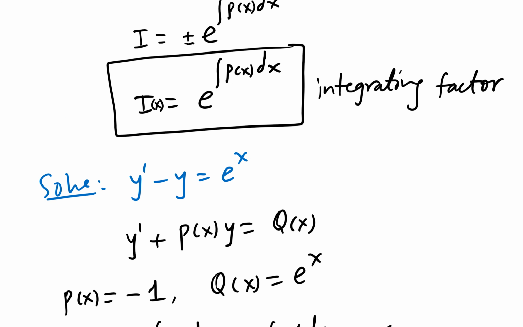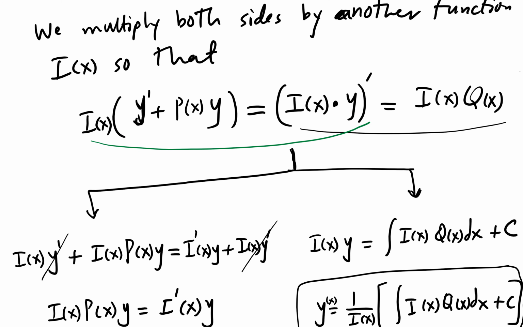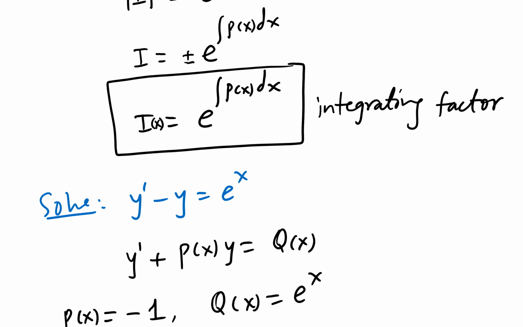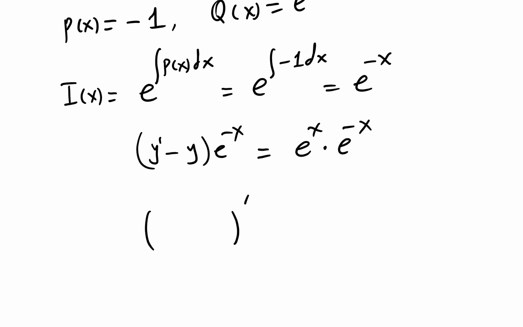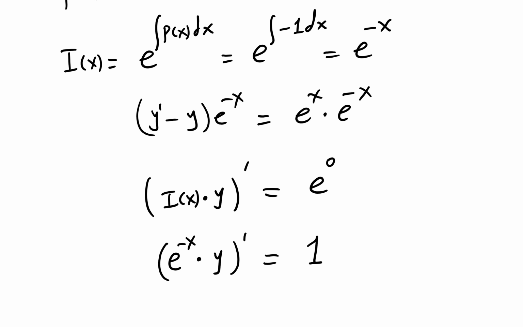If I scroll back up, we want it in the middle here, I of x times y derivative. So it's going to always be I of x times y derivative. And on the right side, we get e to the 0. Again, I of x is e to the negative x times y derivative equals e to the 0, which is 1. Keep in mind, we're trying to solve for y. What is y?